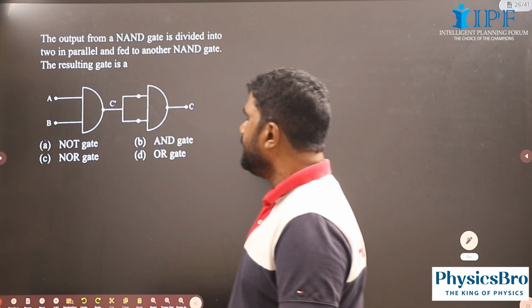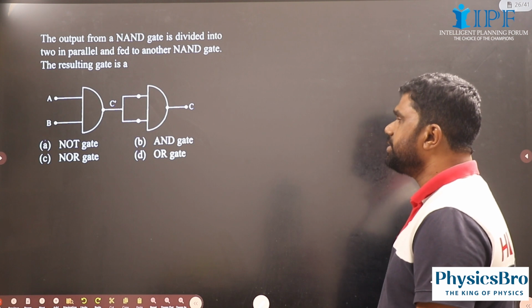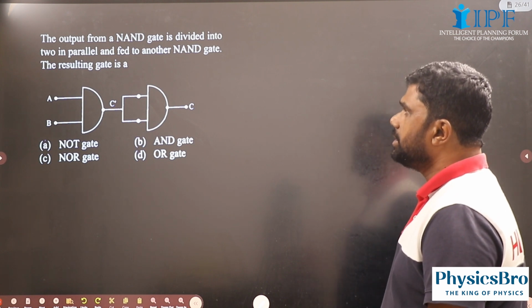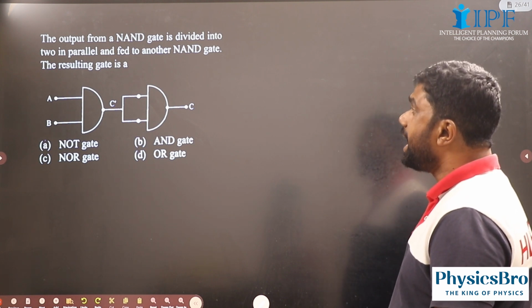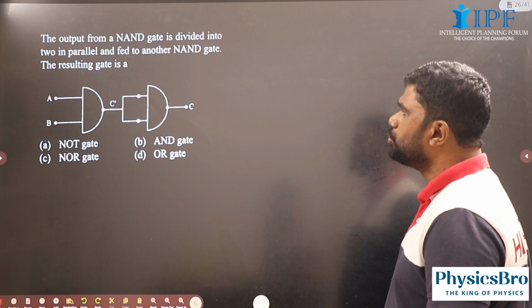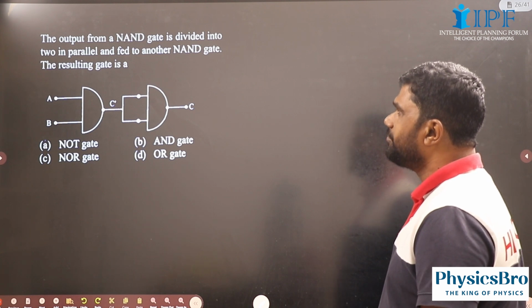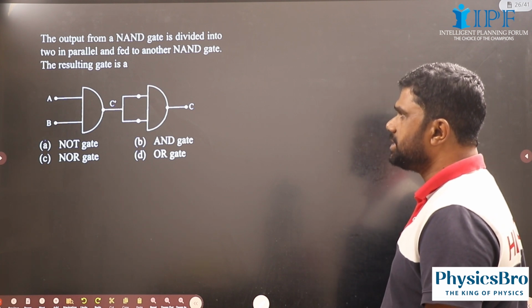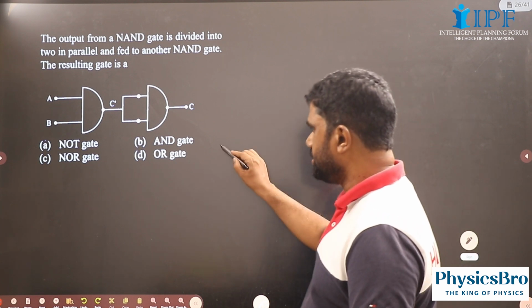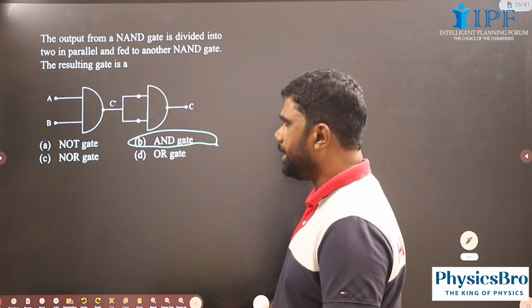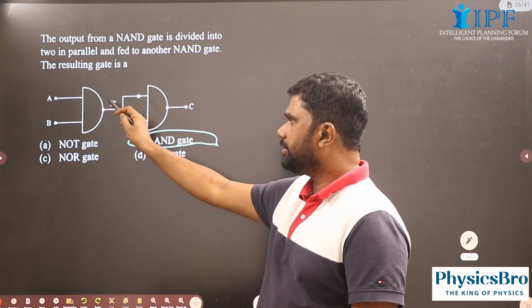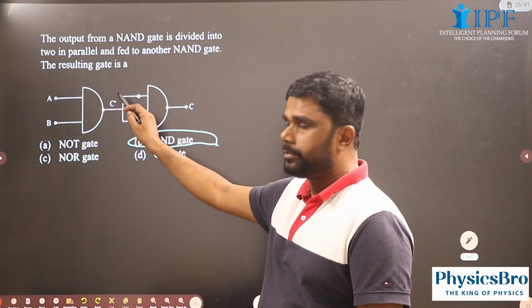Next, this we have done earlier. The output from a NAND gate is divided into 2 parallel and fed to another NAND gate. Resulting gate will be AND gate. So when A and B are given, here we will get AB whole complement.